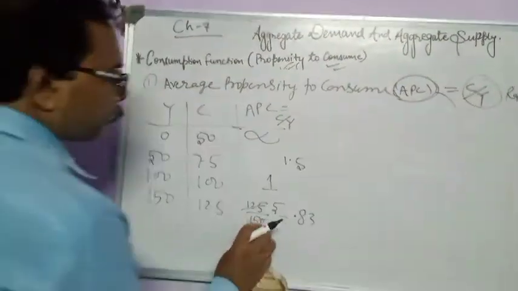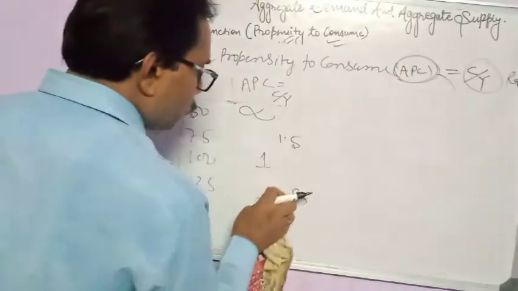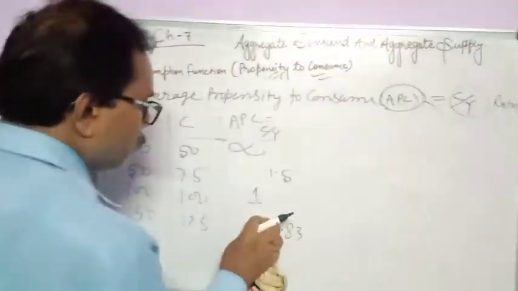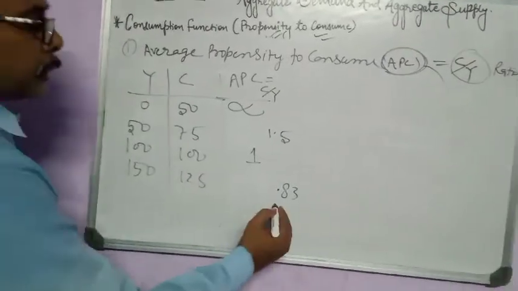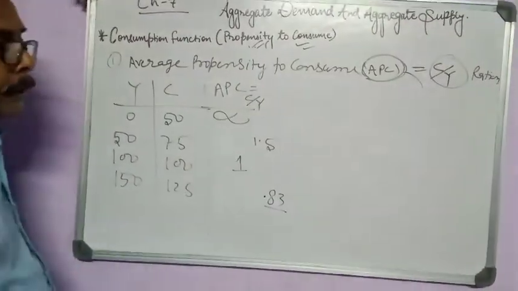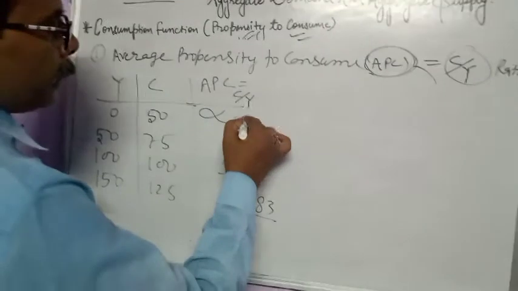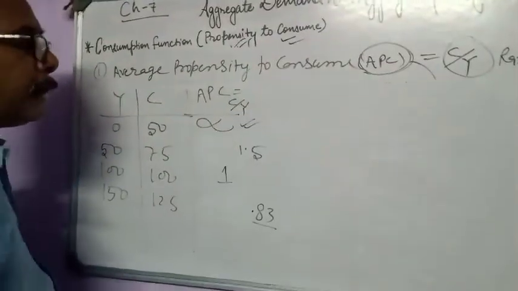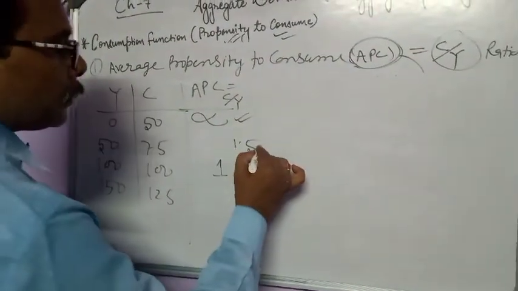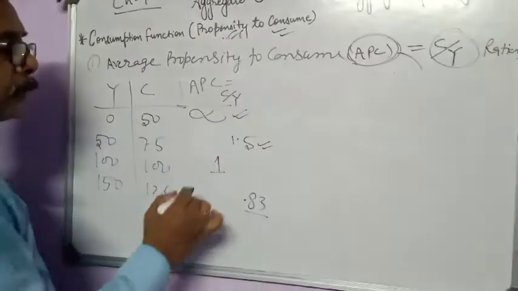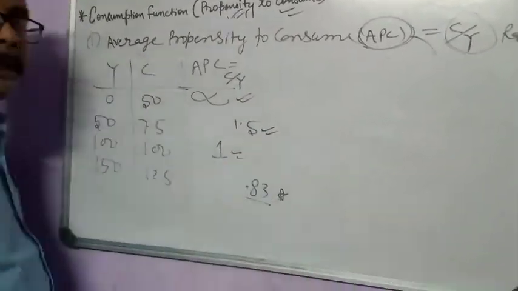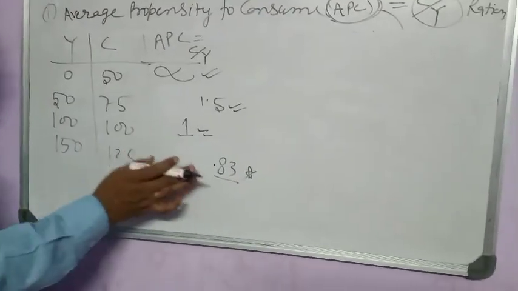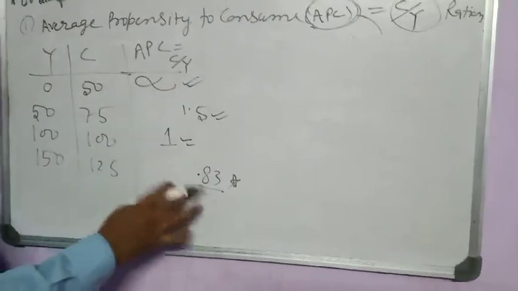Clear? So here we find that one value is infinite, one value is 1.5, another value is 1, and the next value is 0.83. So all the values change.